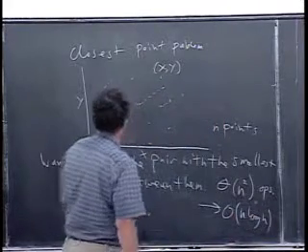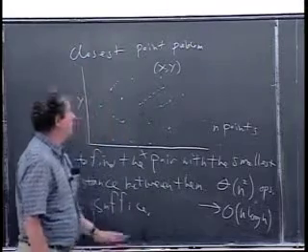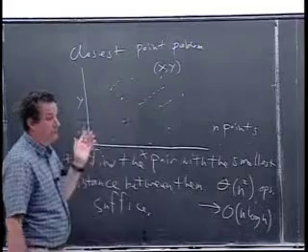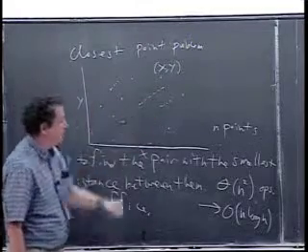Having done that, what we want to do is divide the points into a left side and a right side, roughly half on the left and half on the right.